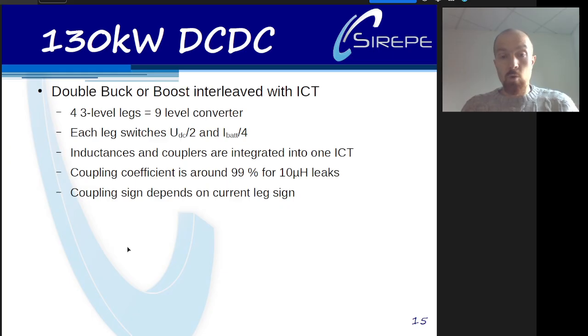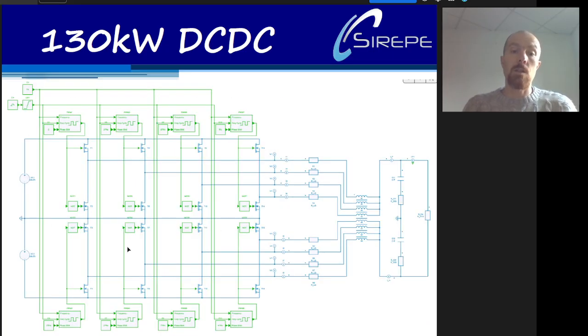It's a good coupling, so we limit the high frequency effect of leakage in the coil, so we limit the losses. And the coupling sign depends on current leg signs, because it's not all the same between positive and negative part of the converter. So we can see here the converter in SIMBA.